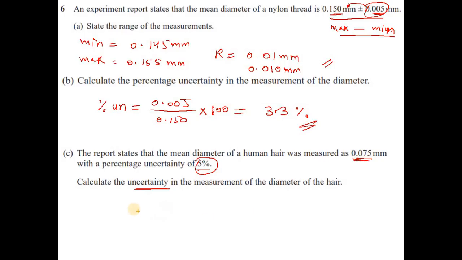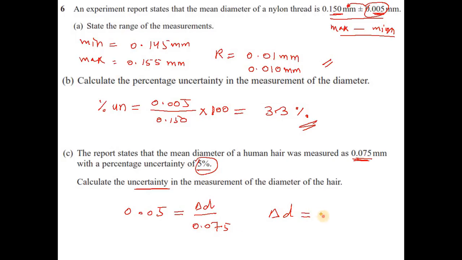So you can say that the percentage uncertainty, which is 5% divided by 100, so 0.05, equals the uncertainty delta D divided by the diameter, which is 0.075.